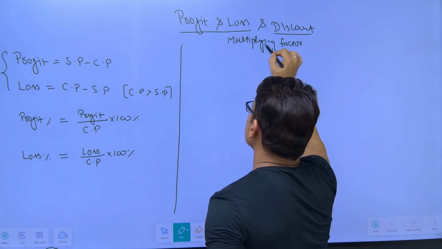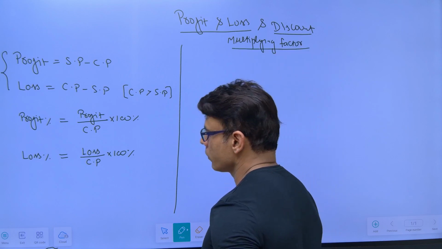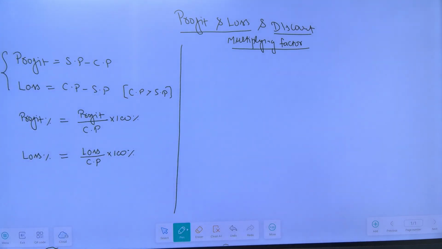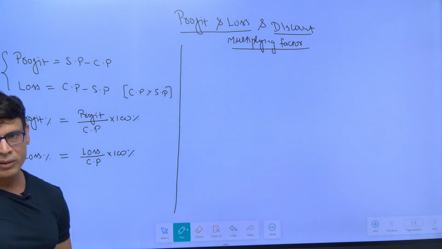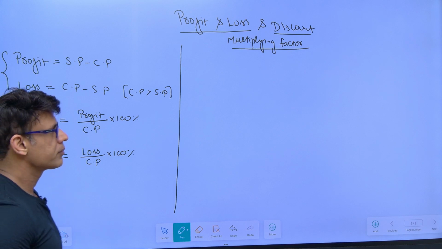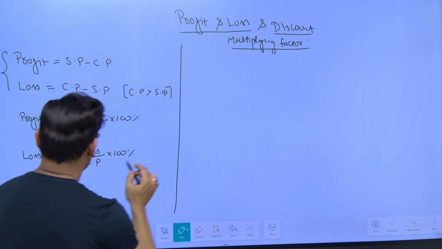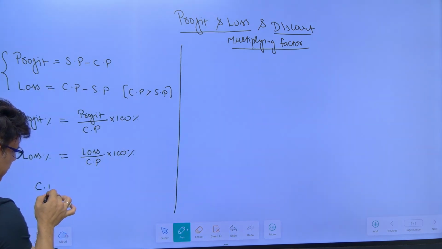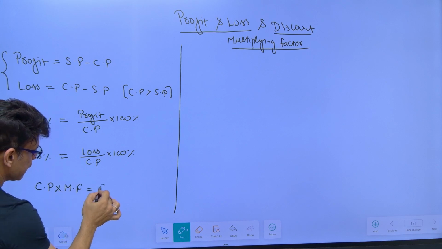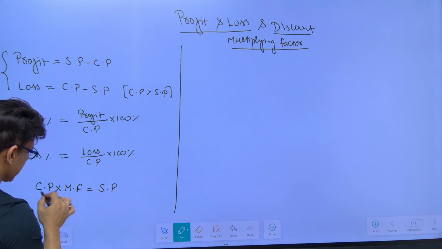So what is multiplying factor? Multiplying factor is nothing but a number, a constant, which when multiplied with cost price gives you selling price.